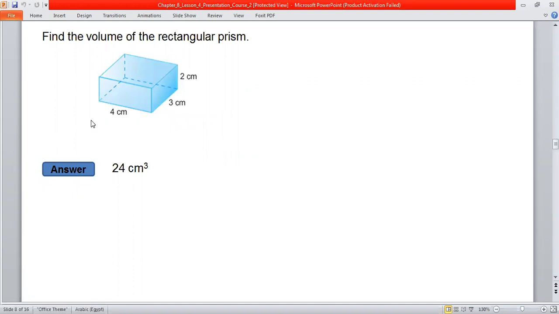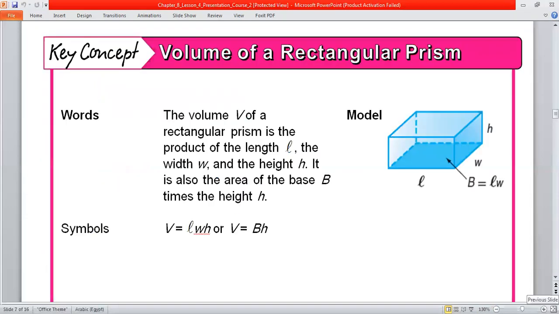Length. Do you know the meaning of the length? L-E-N-G-T-H. Length. Look with me, Muhammad. The G here is silent.